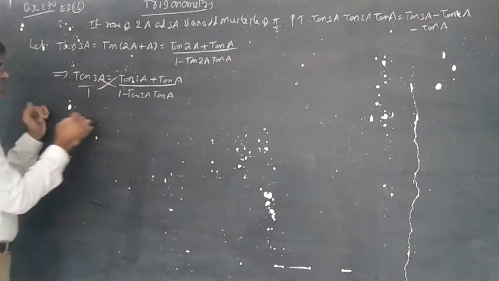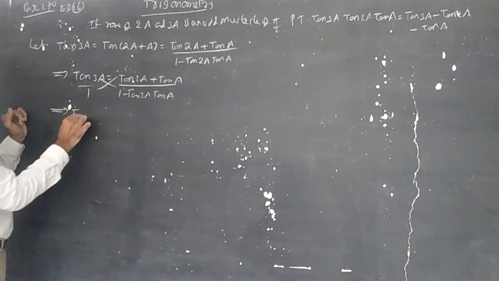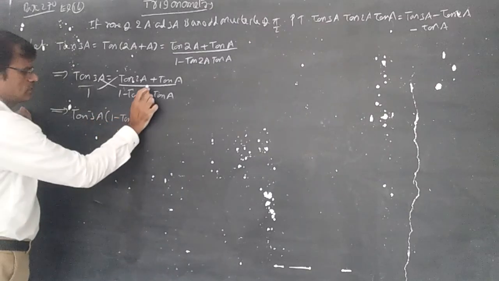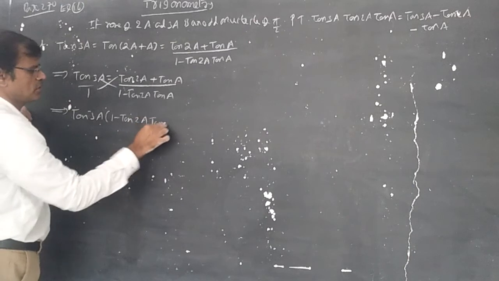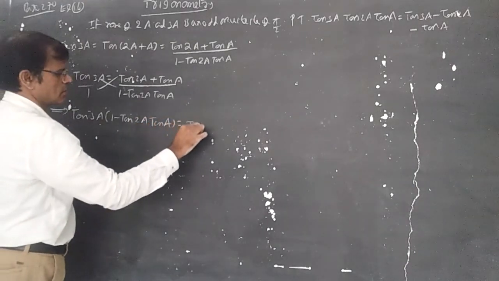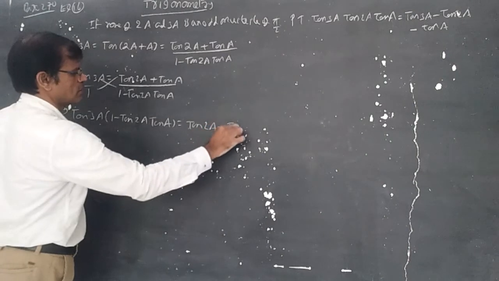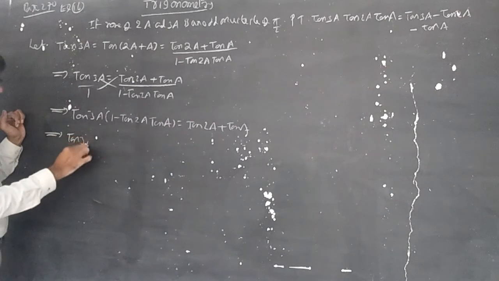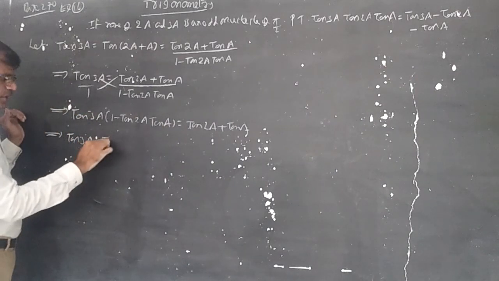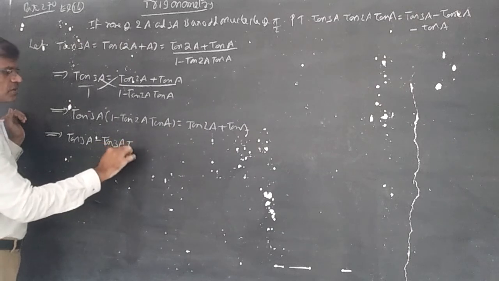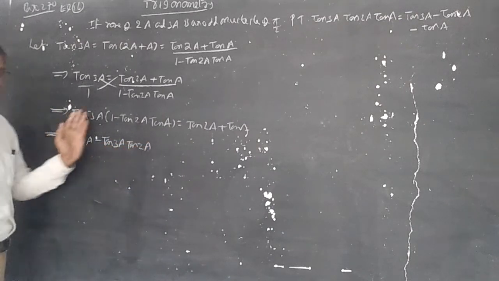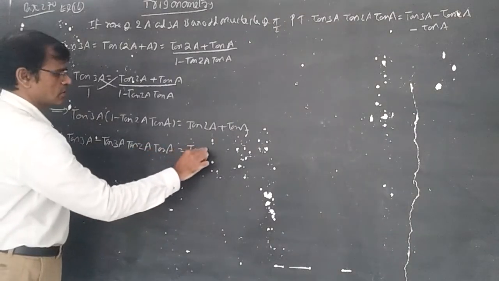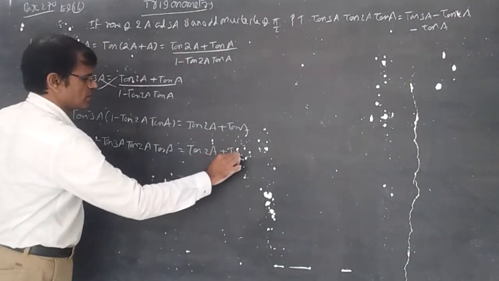Put by 1 here and take cross multiplication. So tan 3a into 1 minus tan 2a into tan a is equal to tan 2a plus tan a. That implies, multiplying out, tan 3a minus, in decreasing order, tan 3a into tan 2a into tan a is equal to tan 2a plus tan a.